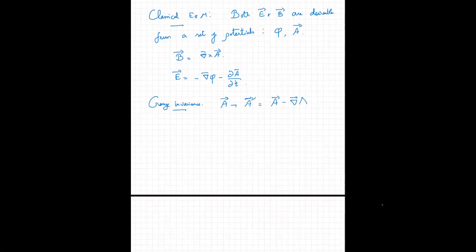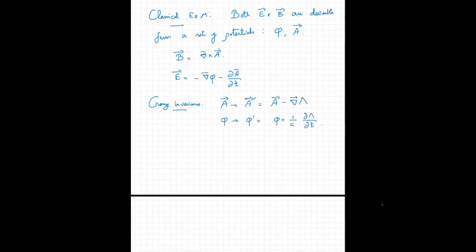But not just this, I should also together transform my phi to a phi prime, which is equal to phi plus 1 over c d lambda dt, where lambda is the exact same scalar function. So this scalar function, capital lambda, is a function of both space and time.